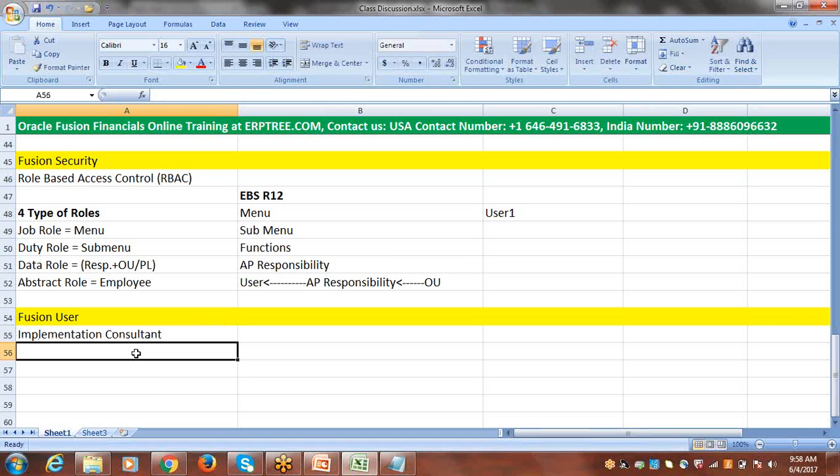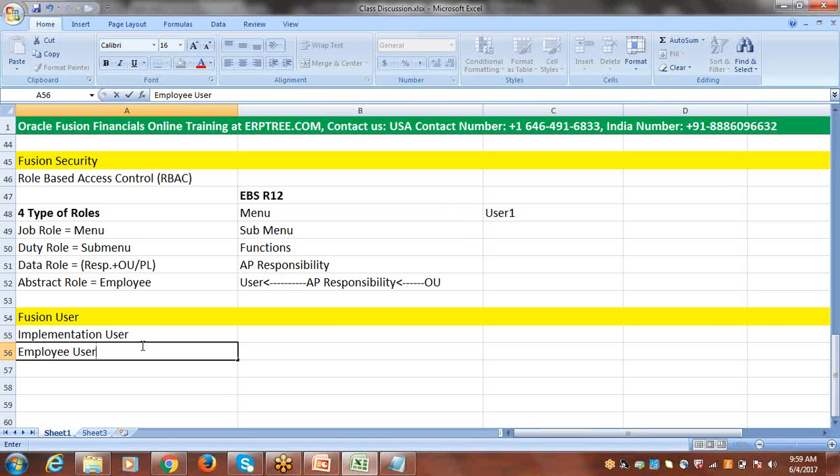Instead of calling it consultant, let's call it implementation user. This is how we normally use it. The other user type is the employee user. In Fusion applications we have two types of users: implementation user and employee user. We'll look into the differences.